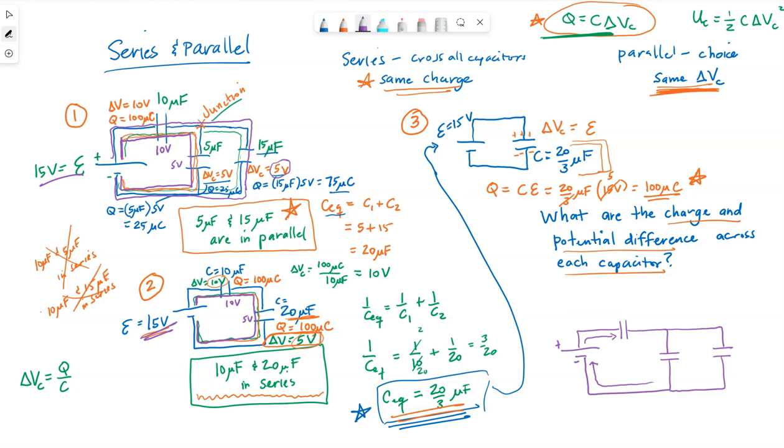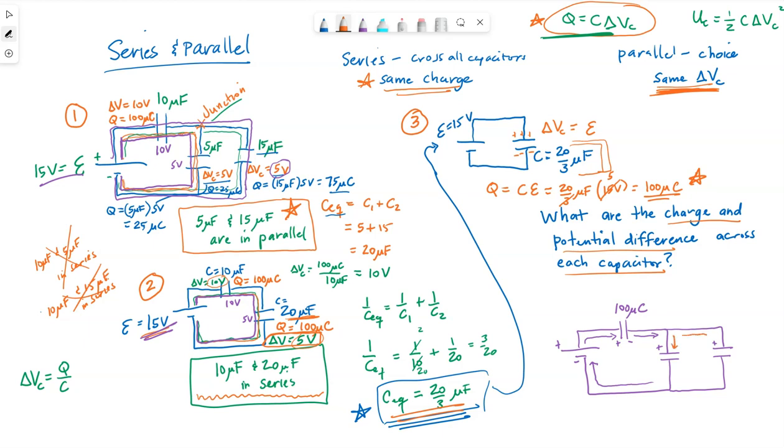So let's think of this in terms of just the total charge. We know already, we calculated this, that 100 microcoulombs of charge accumulated with that first capacitor. So positives, that would cause induction. So charges would be repelled from the negative plate to in turn come to these two capacitors.